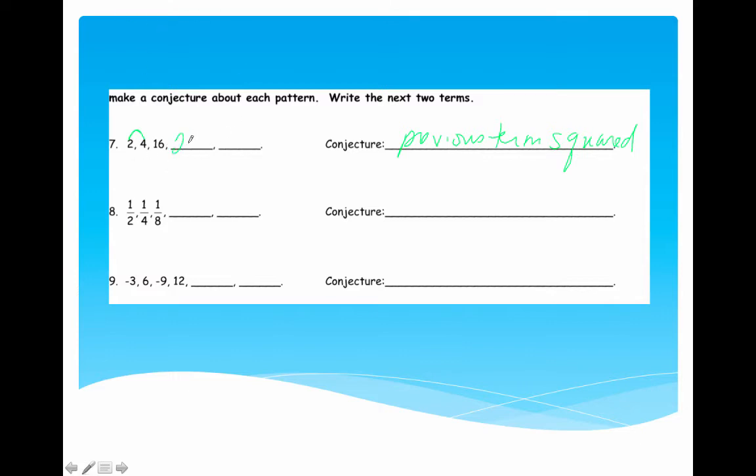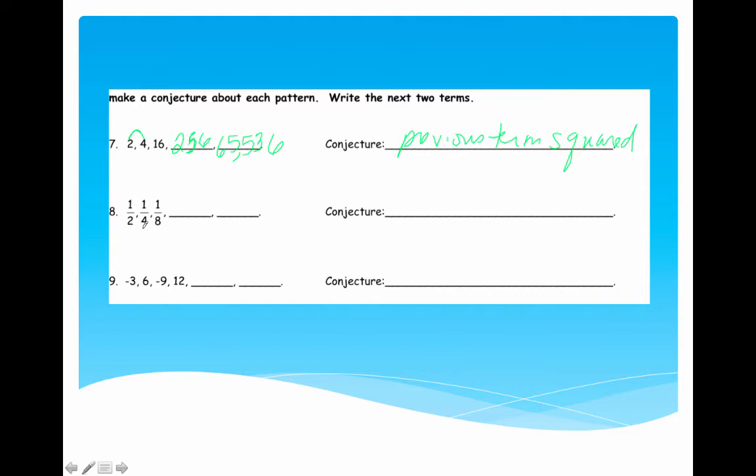So if that was the case, then you'd have 256 for the next term, and then 256 squared is 65,536.